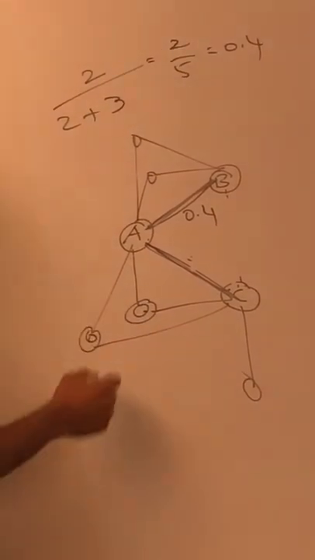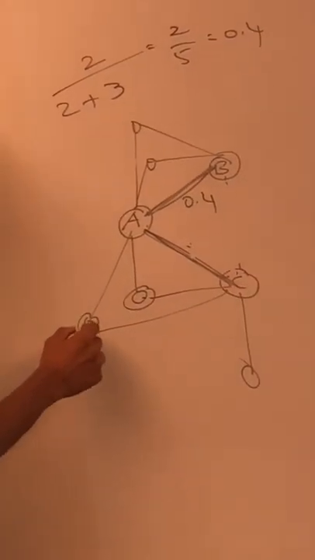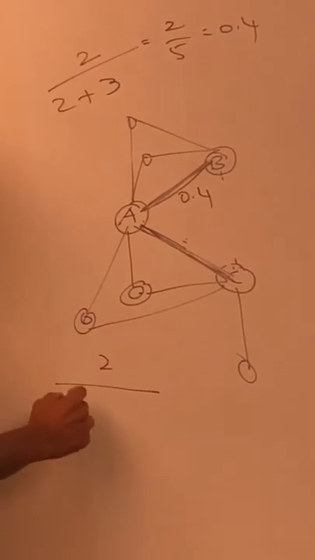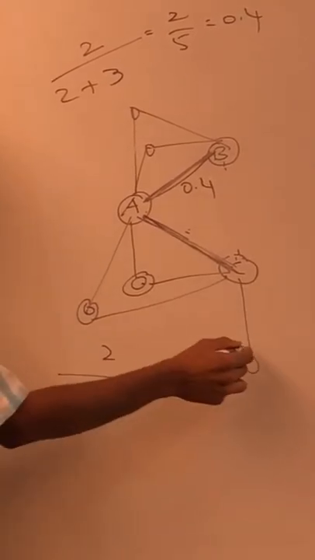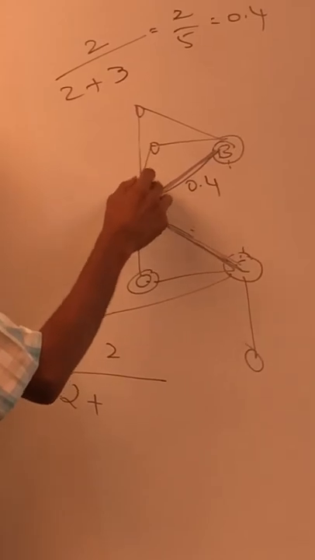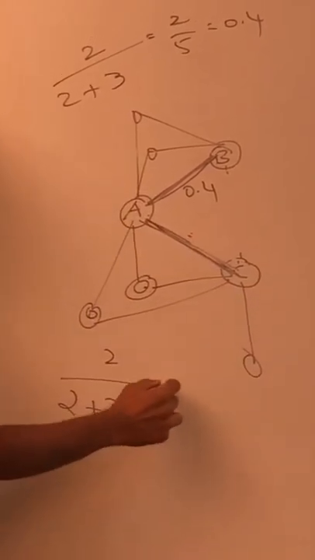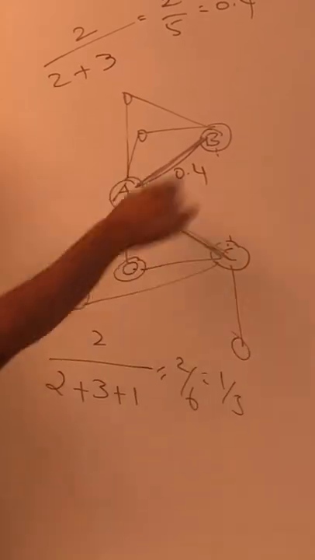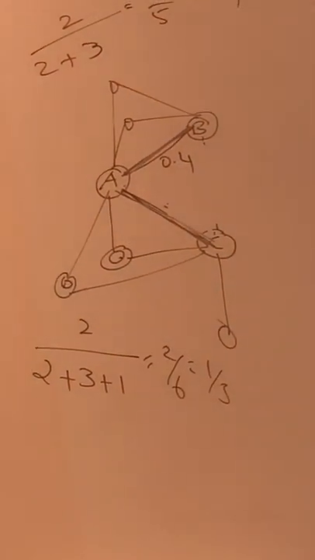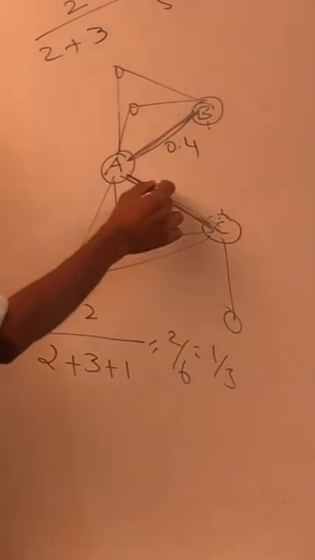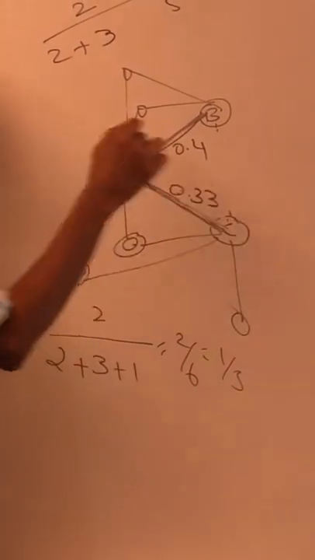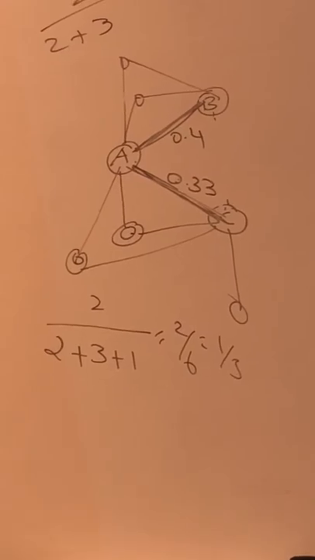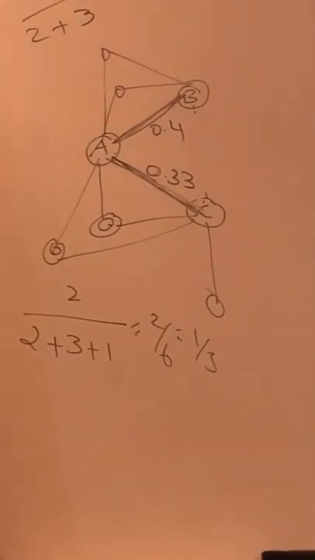So that's going to make it two common neighbors divided by the two common neighbors plus 3 here and 1 here. So it's going to be 2/6. Assuming everyone knows by now how to calculate the neighborhood overlap score, this is 0.33. So the neighborhood overlap scores for AB and AC are 0.4 and 0.33.